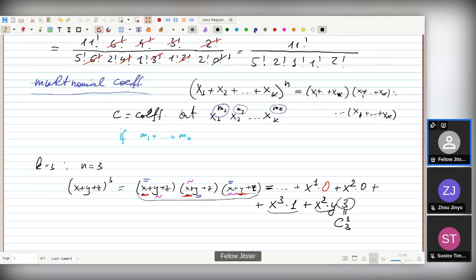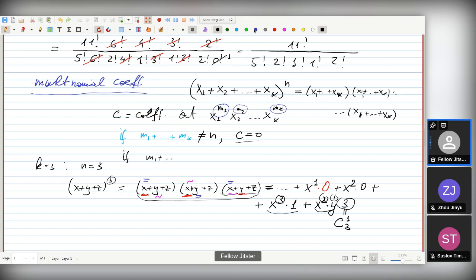Is it clear? Yeah. So in general, if the sum of degrees does not equal n, here the sum of degrees must equal 3, the coefficient is 0.